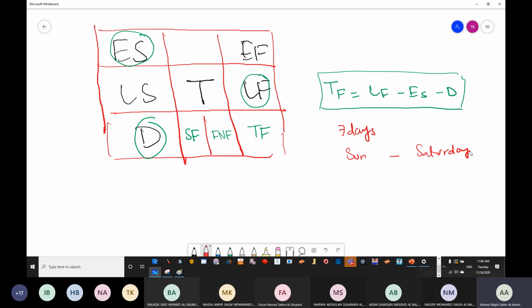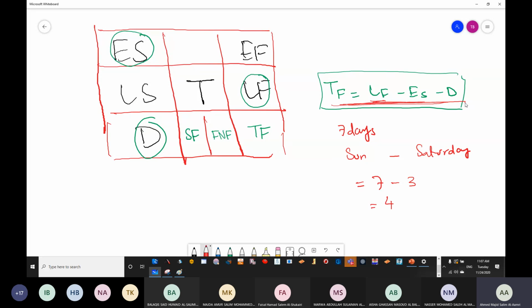Now to get how many gap days I have, we are going to say total period, which is late finish minus early start, the last time minus the first time. So Saturday minus Sunday, we have 7 days. I require to study for 3 days, then my gap is going to be 4 days. This is where we got the equation of total float.